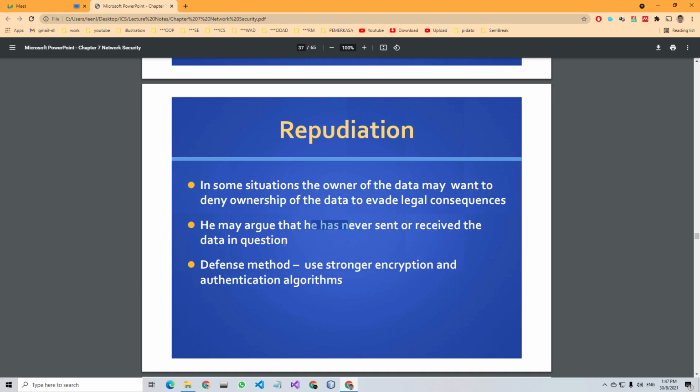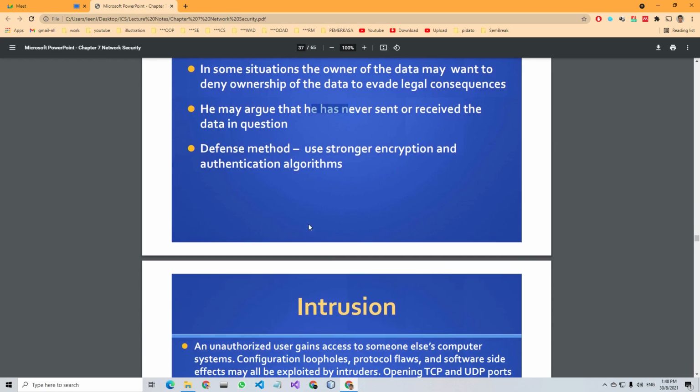So in this situation, the burden of proof is on the company to prove the accuracy of the information used to generate the bill. So if, let's say, the data has been modified by an external attacker, then the accuracy verification of the information could be difficult for the organization. And the next one is intrusions.